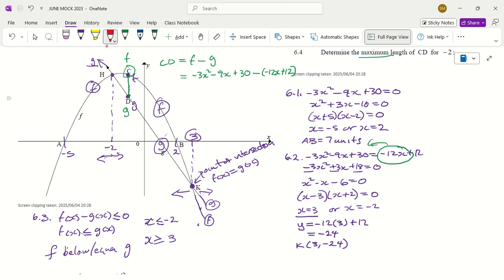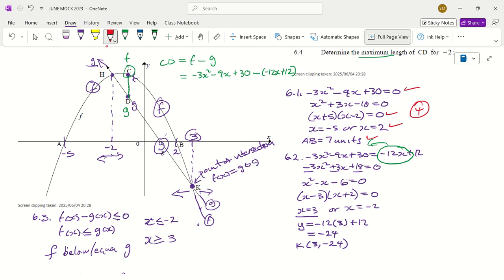Allocation for 6.1. 6.1 is worth 4 marks, and you get a mark for equating to 0, a mark for the factors, a mark for the x values, and a mark for 7 units. So 4 marks.